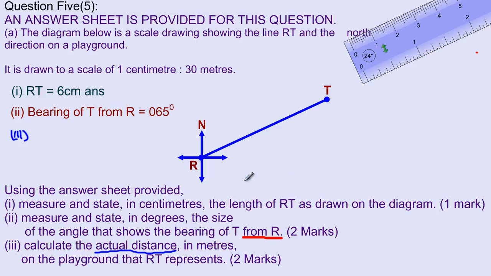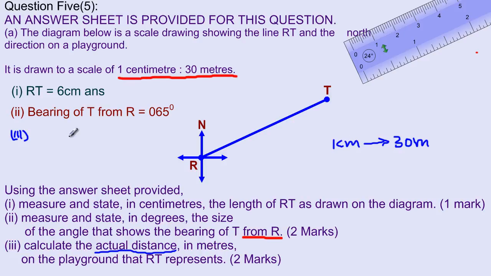Now from the scale, basically what they're saying is that every 1 centimeter maps onto 30 meters. We got it from here: 1 centimeter to 30 meters. That's what it stated there.